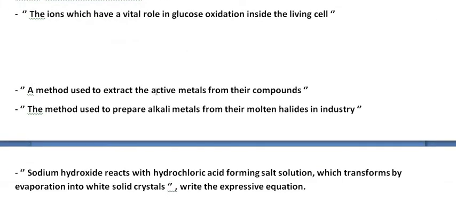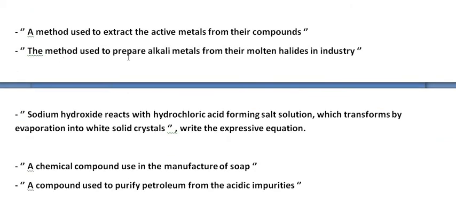The method used to extract the active metals from their compounds is called electrolysis. The method used to prepare alkali metals from their molten compounds in industry is also electrolysis.